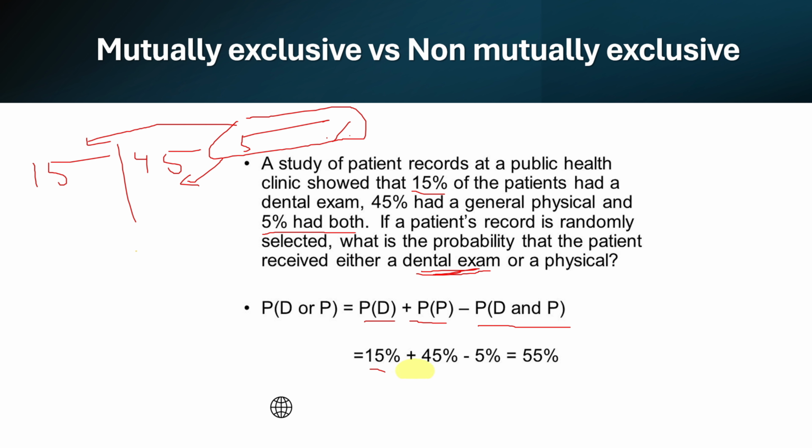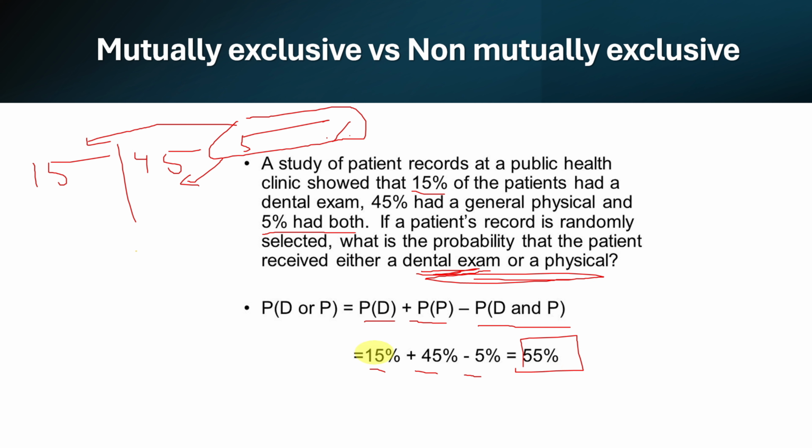So 15% plus 45% minus 5% equals 55%. So 55% is the answer to the question: what is the probability that a patient received either a dental or physical exam.